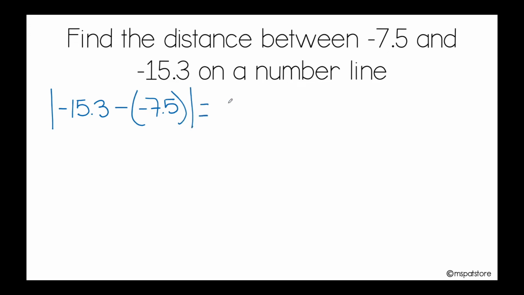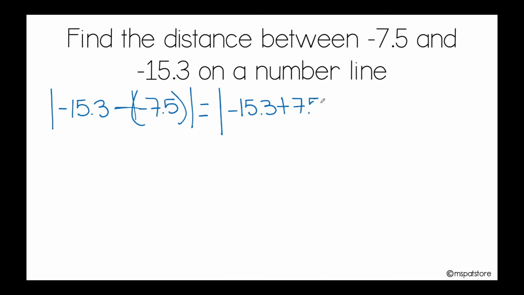Remember that when you're subtracting rational numbers, you're adding the opposite. So it will be absolute value of negative 15 and 3/10 plus the opposite of negative 7 and 5/10. It is positive 7 and 5/10. So I'm going to just rewrite it here, plus positive 7 and 5/10.